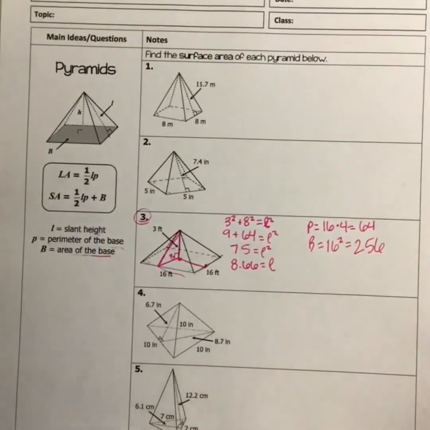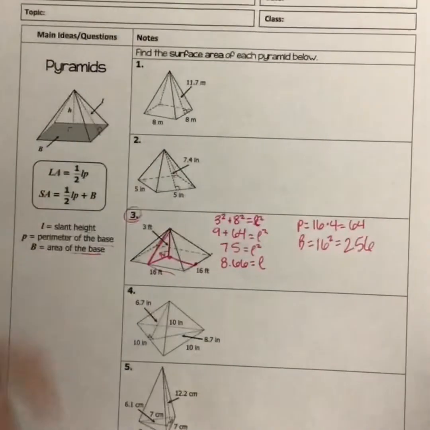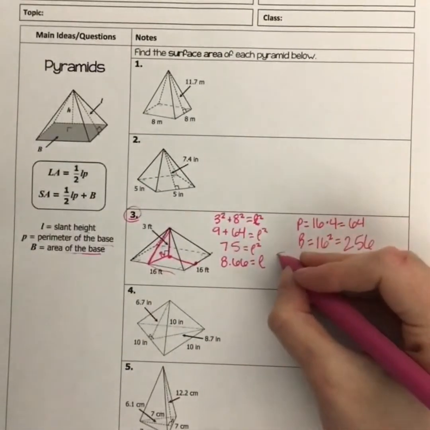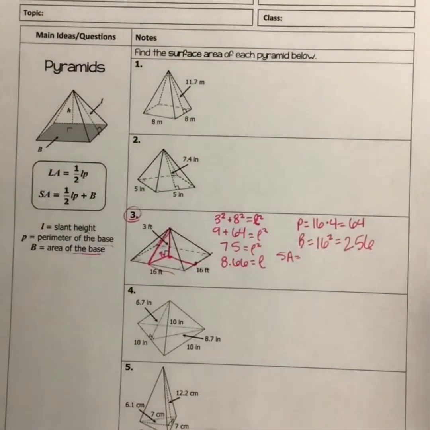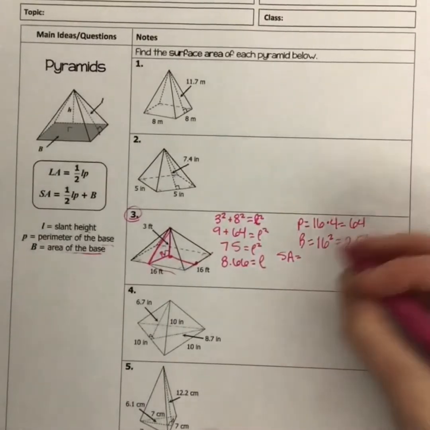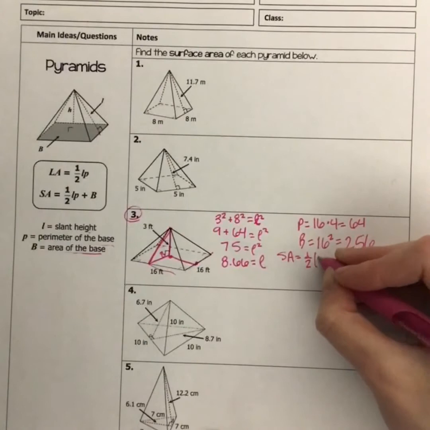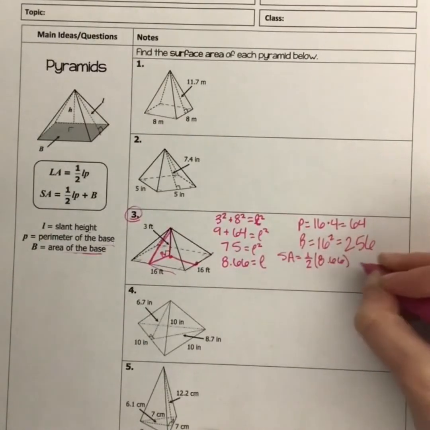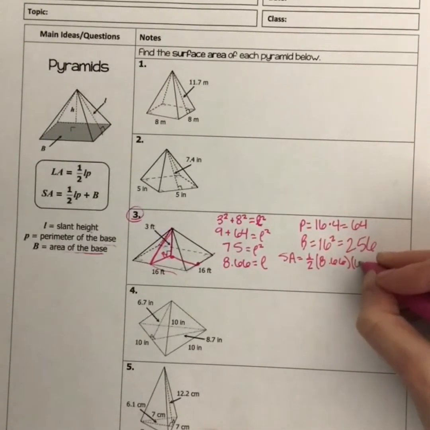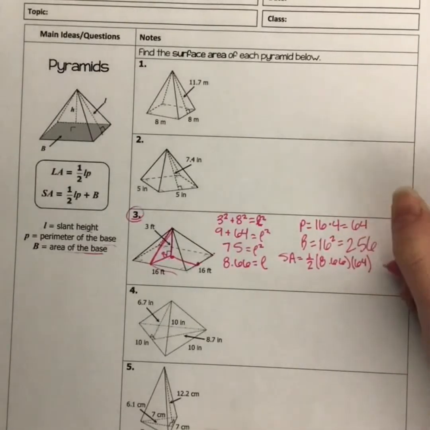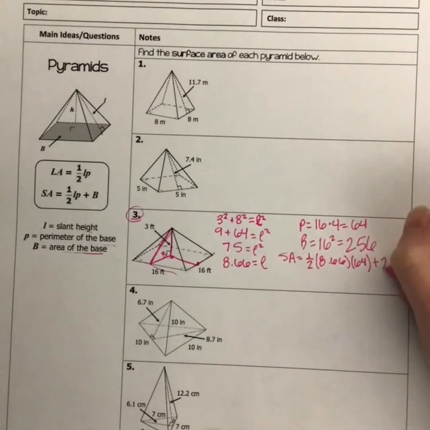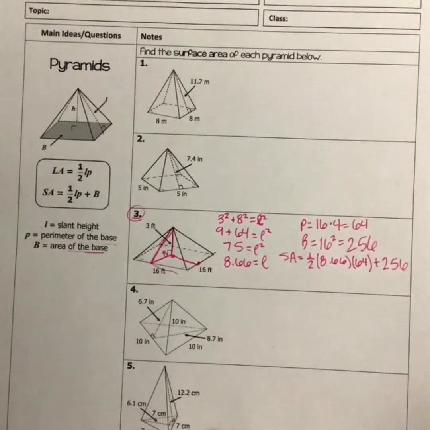All right, so we've found all the parts. Now we can plug it in for our surface area equation and solve. So the surface area of this pyramid is going to be 1/2 L, which is 8.66, times our perimeter of the base, 64, plus our area of the base, which is 256.